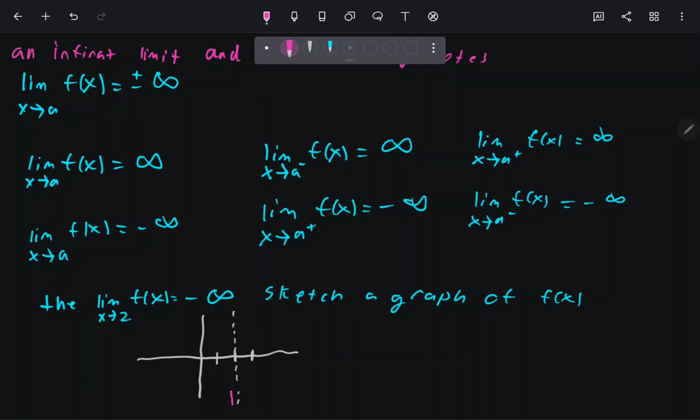So we are going to perhaps get a graph that resembles something along the lines of the natural log of the absolute value of x minus 2. And of course, this is a very vague statement. You can make this graph be anything you want it to be. All that we know is the value of the limit, but that's what the limit tells us.